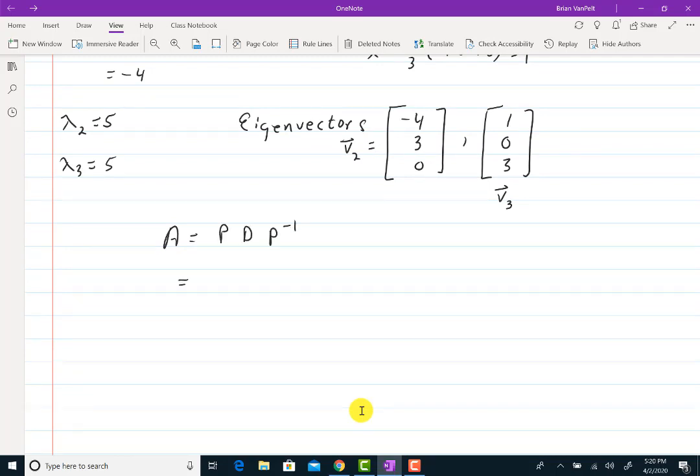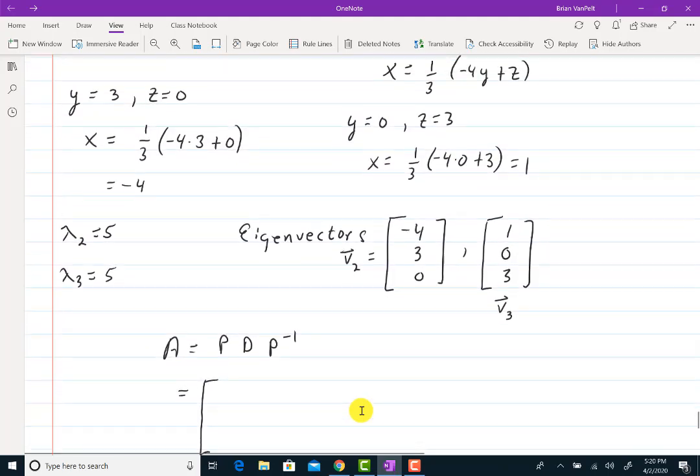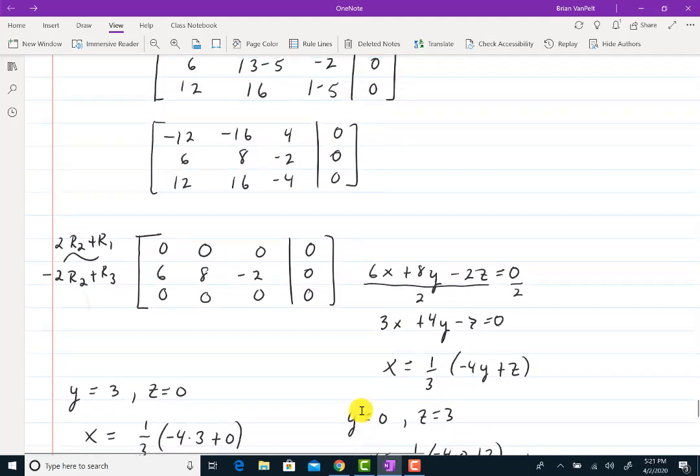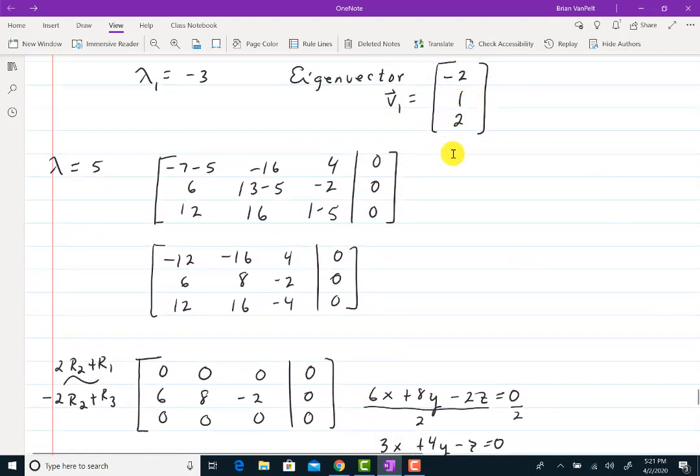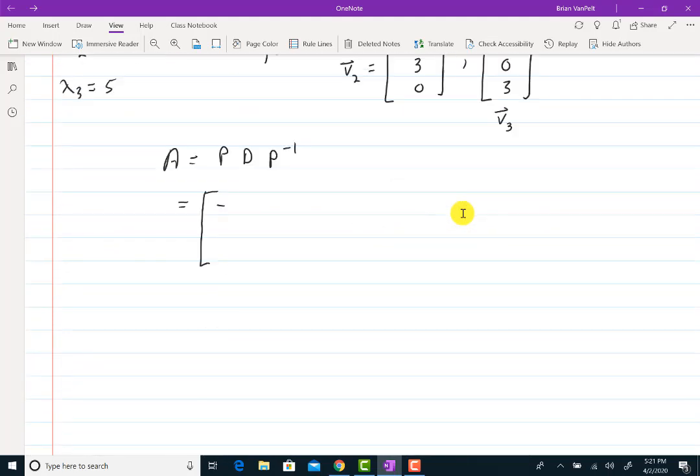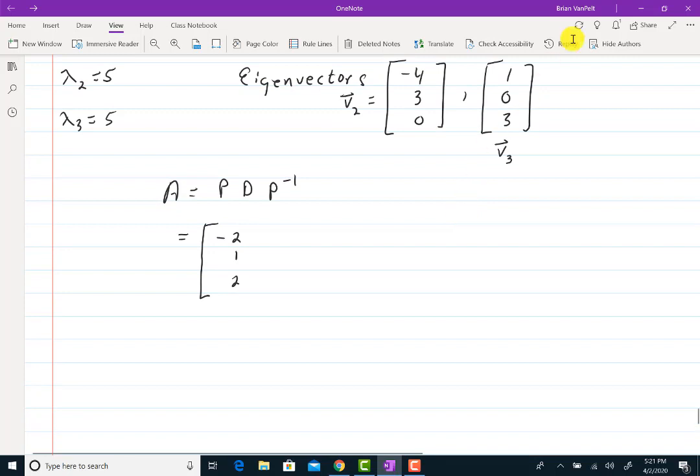The P is a matrix whose columns are the eigenvectors. So let me get the eigenvectors. The first one that we were going to use was negative 2, 1, 2. And then for vectors 2 and 3, I'll go negative 4, 3, 0, 1, 0, 3. And this is A.